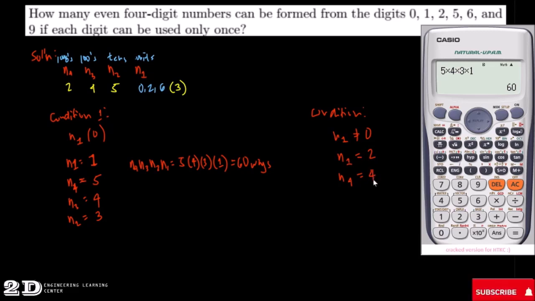So this will be 4, and for N sub 3, we could also include the 0, so this is 4. And for N sub 2, this will now be equal to 3. So our combination here is N sub 4, N sub 3, N sub 2, and N sub 1.